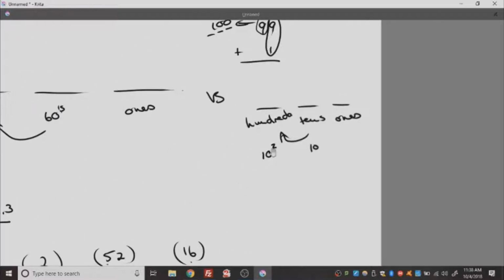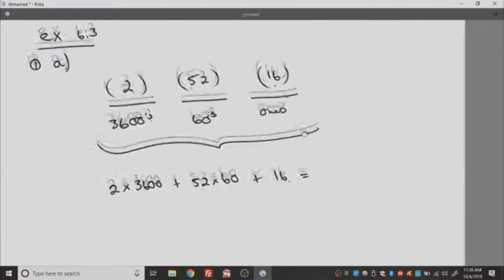Just like you would have little Timmy write out 200 plus 50 plus 3. That's 2 groups of 100 plus 5 groups of 10 plus 3 and so on. It's the same thing, except it's not 10s, it's 60s.